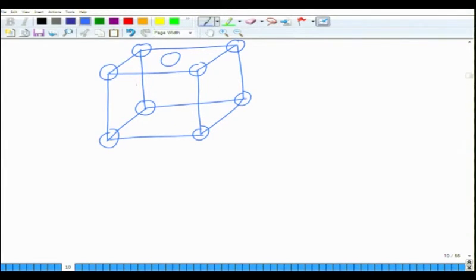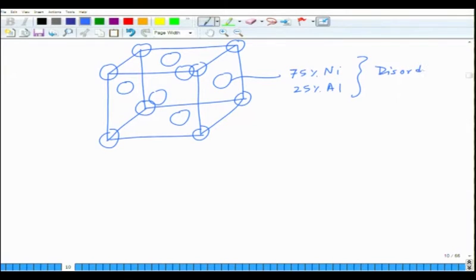So, when it is disordered, each atom can be considered as 75% nickel and 25% aluminum in disordered form. This is Ni3Al.